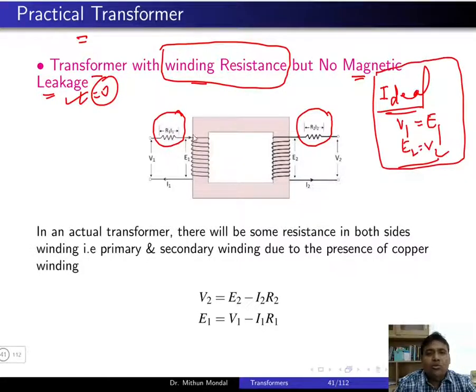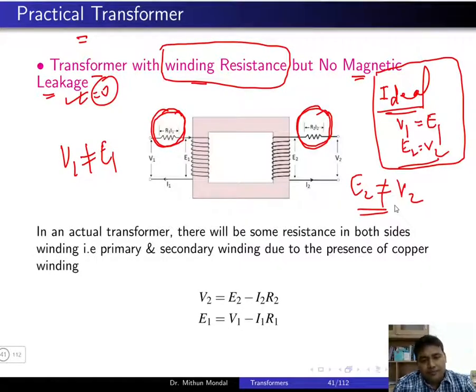Now since you have added a resistance in the primary winding and the secondary winding, there will be some amount of loss. This loss will result in V1 not being equal to E1 and E2 not being equal to V2. So what will happen then?